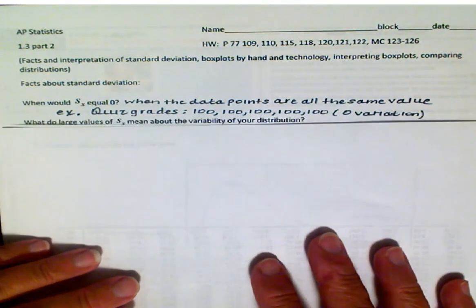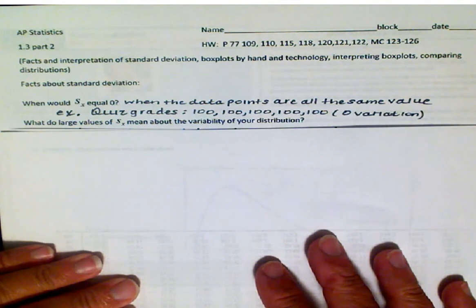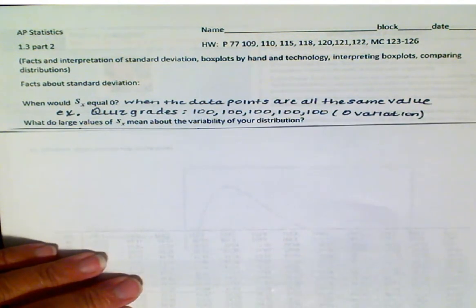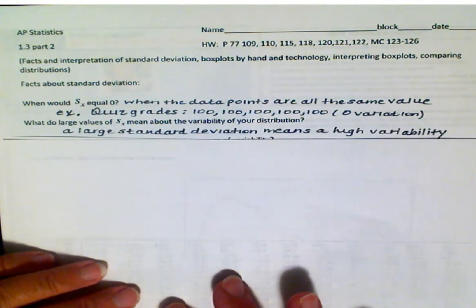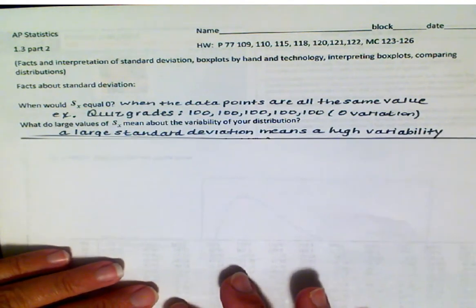Okay? Next question. What do large values of standard deviation mean about the variability of your distribution? So if your standard deviation is large, what does that mean about the variability? Is there a small variability or more variability? Well, a large standard deviation means a high variability.